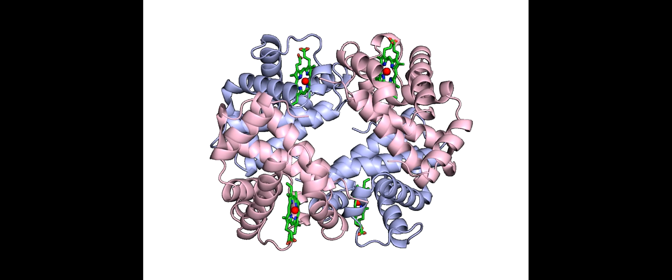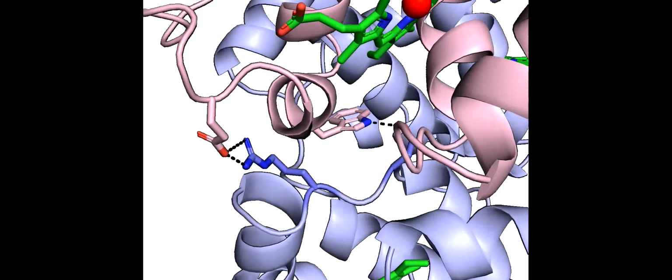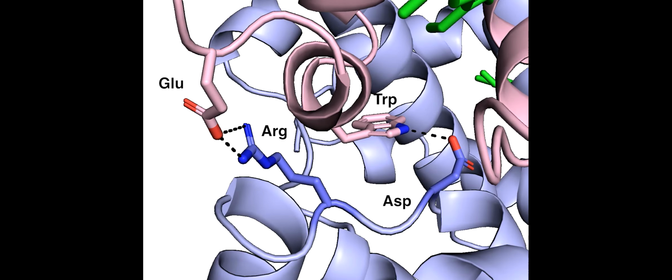So what's holding these different subunits together? Well, there are a lot of different factors, but we can look at some of them right now. In this region right here, you can see that an aspartate residue is interacting with a tryptophan, and this arginine residue is interacting with this glutamate residue. The tryptophan and the glutamate are on one subunit, and the arginine and aspartate are on another subunit.